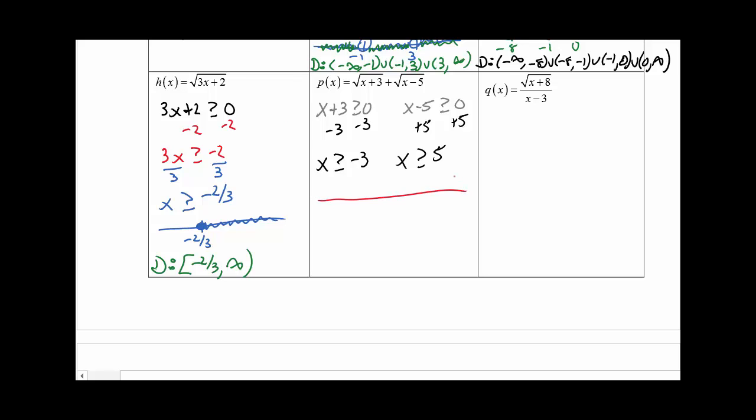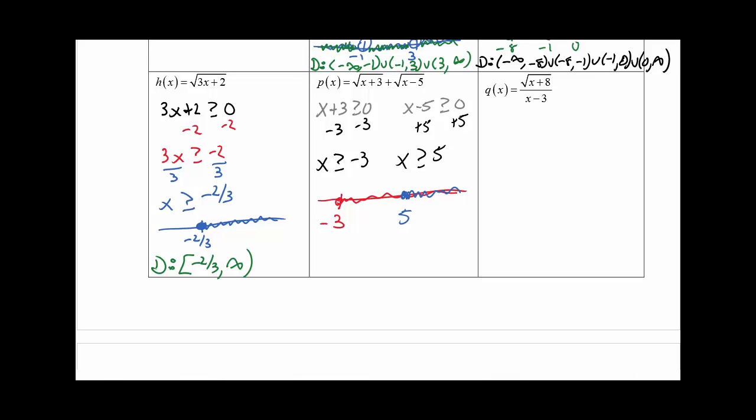And on a number line, I want to visually see this. So here we got negative 3, and everything bigger than that particular number will satisfy the first square root. Here we have 5 further on down, and everything bigger than it will satisfy the second one.